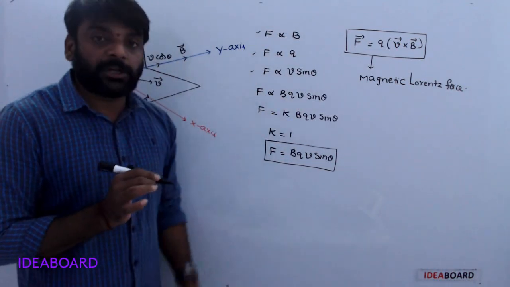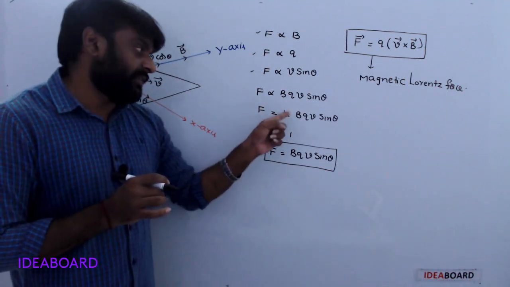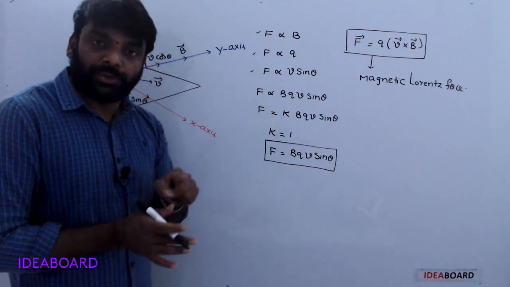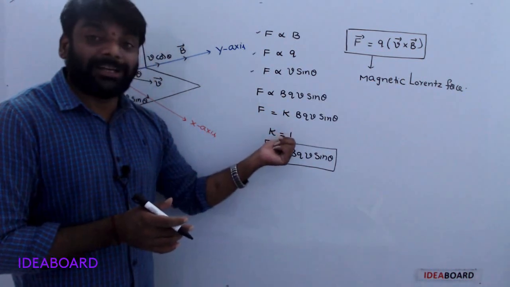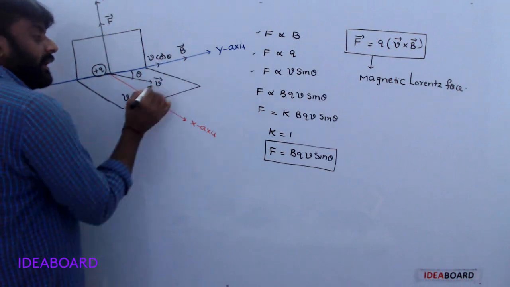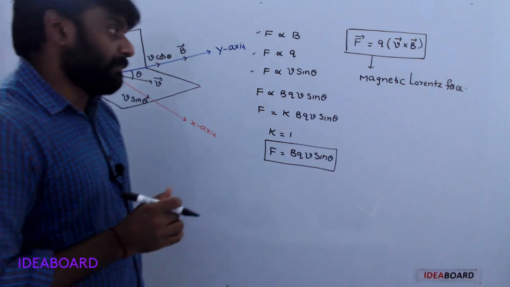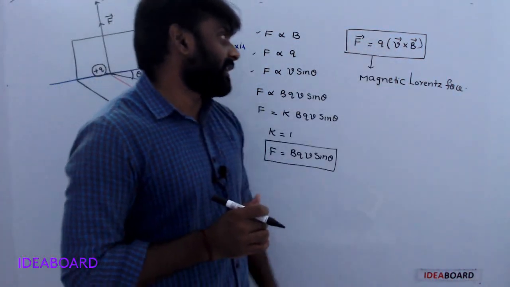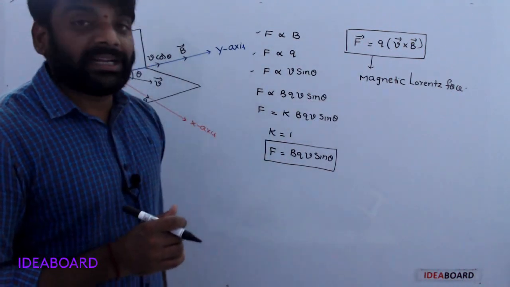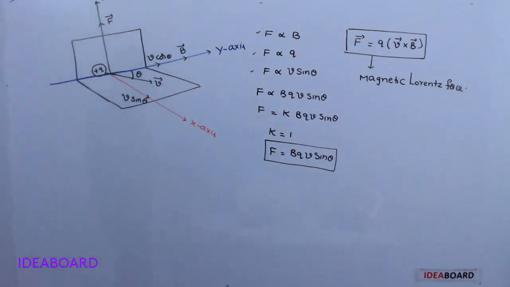So F is proportional to BQv sin theta, F equals k BQv sin theta, and k is unity, so F equals BQv sin theta. B bar and v bar lie in the xy plane, and the force is perpendicular to the xy plane. Its vector notation is F bar equal to q into v bar cross B bar. Simply, it is called the magnetic Lorentz force.